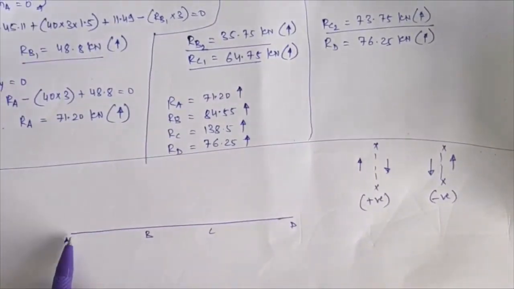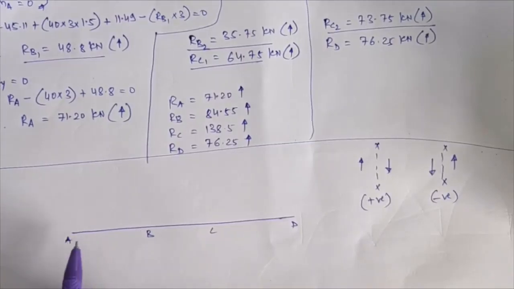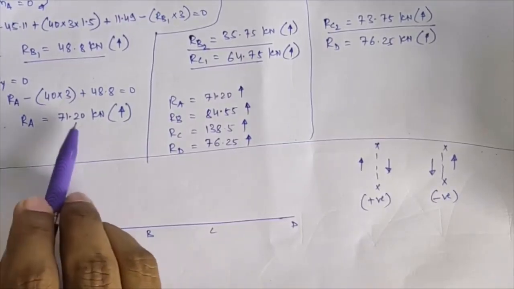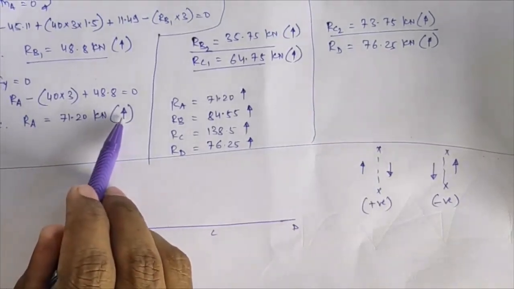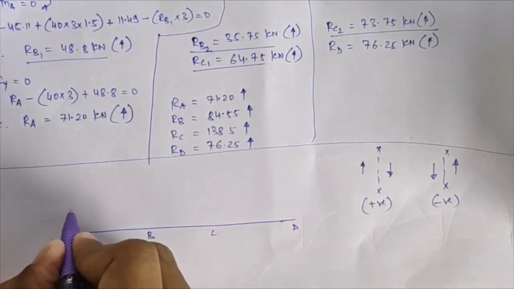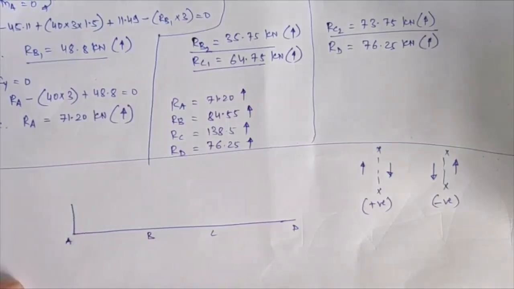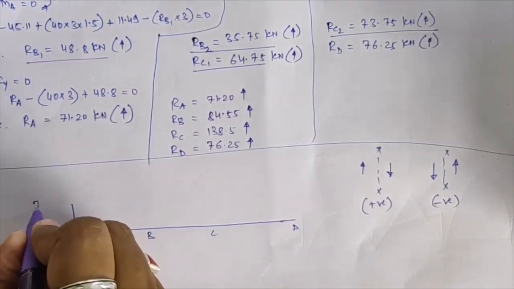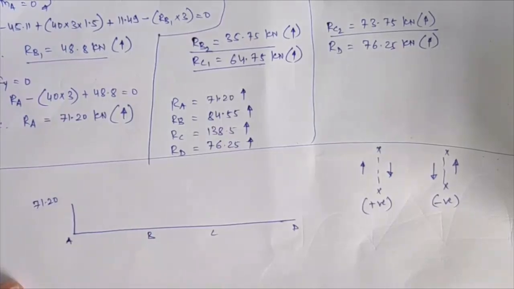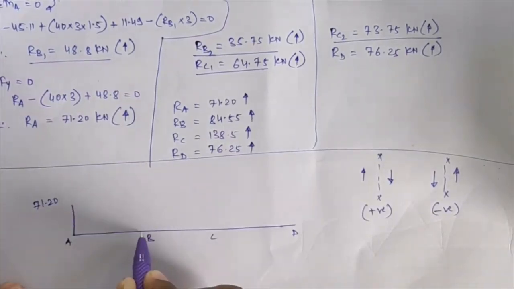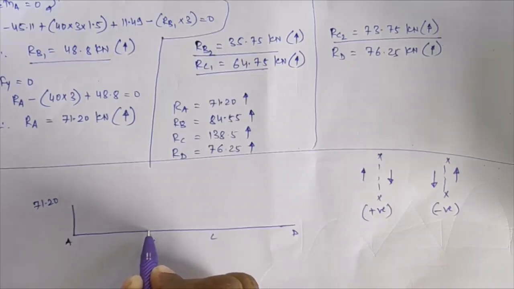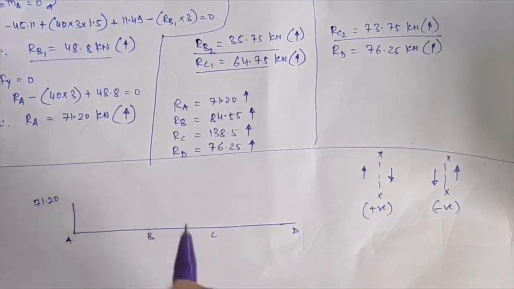Now shear force at point A. Considering the right hand side part, your reaction I am getting 71.20, that is upward. So directly your shear force at point A will be plotted on the upward side, that is 71.20. Now considering a section on the left hand side of RB, the UDL will be considered.